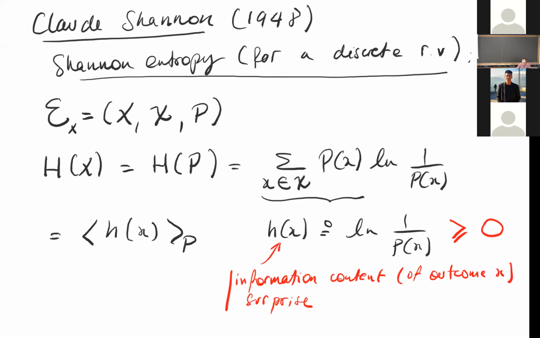It's a positive number, so 1 over P of x is greater than 1. And the log of something greater than 1 is positive. Yes or no? The log looks like this. Here you have 1. And here it goes, sorry, to minus infinity at 0 plus.